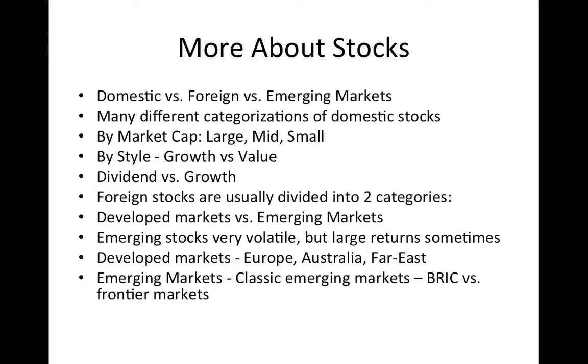And then you have small cap stocks, any company which is less than, let us say, a couple of billion dollars in market cap. Then you've got style, growth versus value. The old companies, for example, IBM, would most likely be in the value category. And some companies which are new, for example maybe Uber, maybe Airbnb, could be considered growth companies.